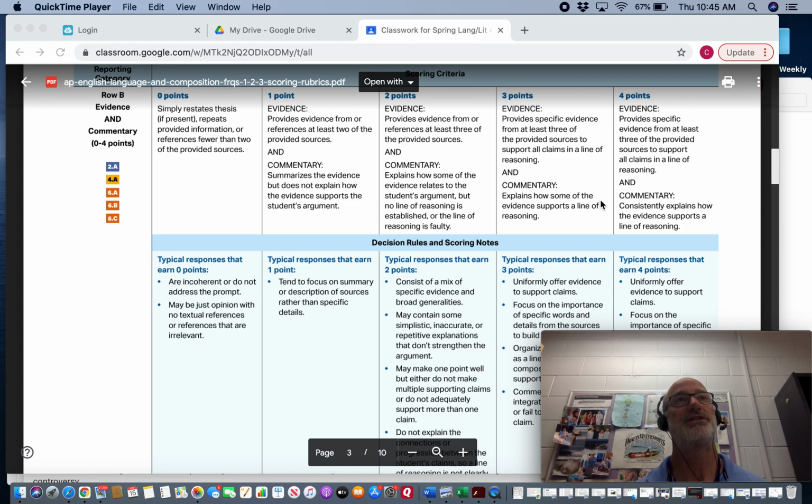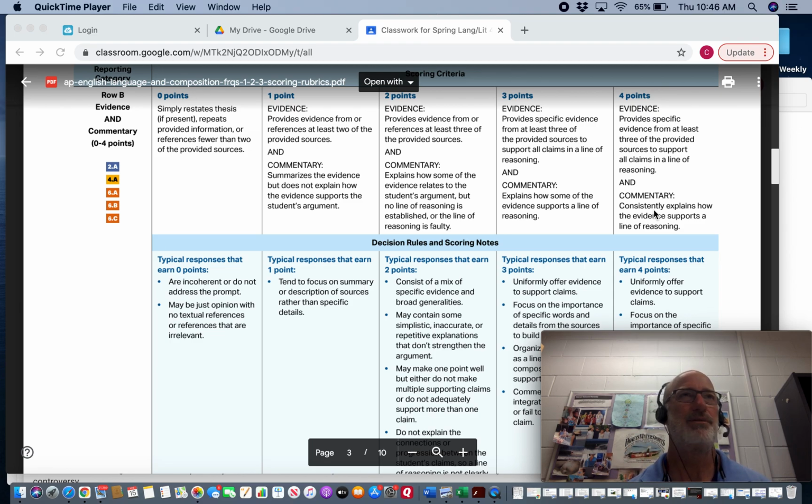What that suggests is you could have the same evidence, but if your commentary is only dealing with how some of this follows your line of reasoning, then you're not going to be as effective. What you need to do is consistently explain how each of these fits into your line of reasoning. Going back to my suggestion, you have 40 minutes to write this. You have 15 minutes to read these documents.